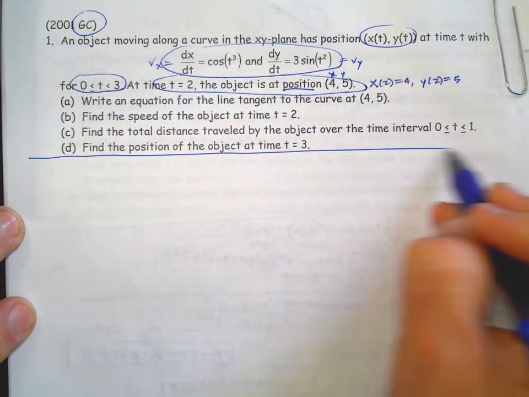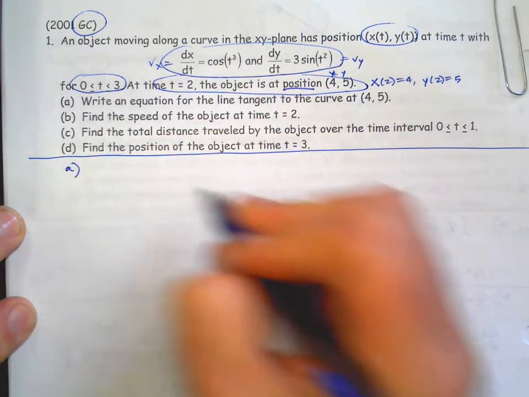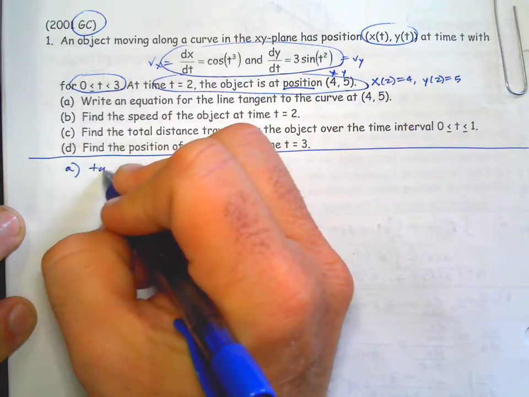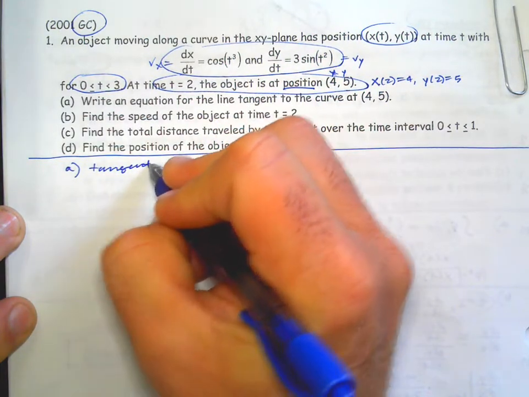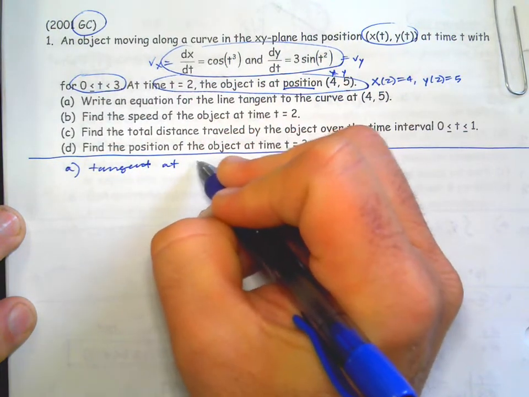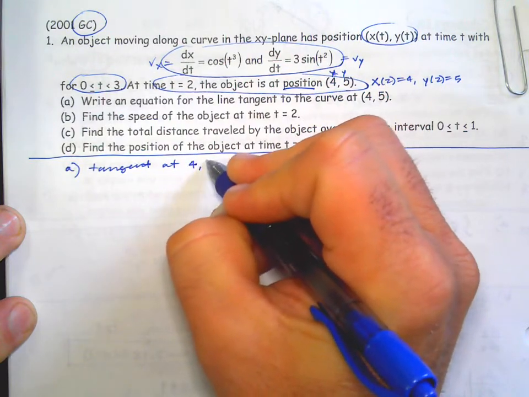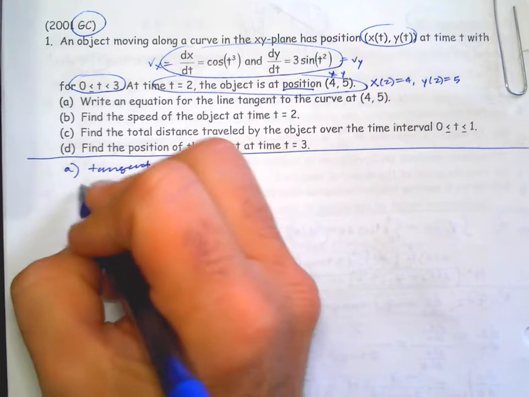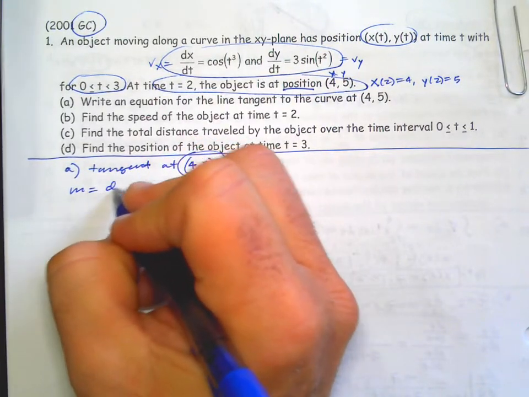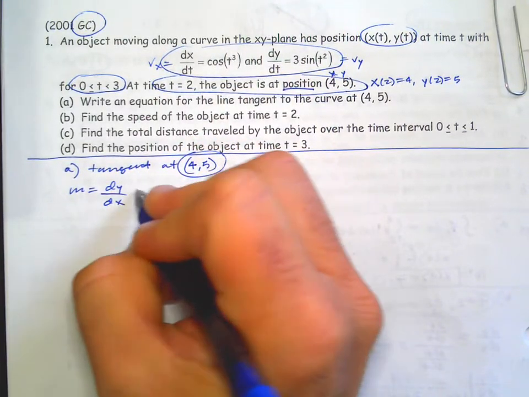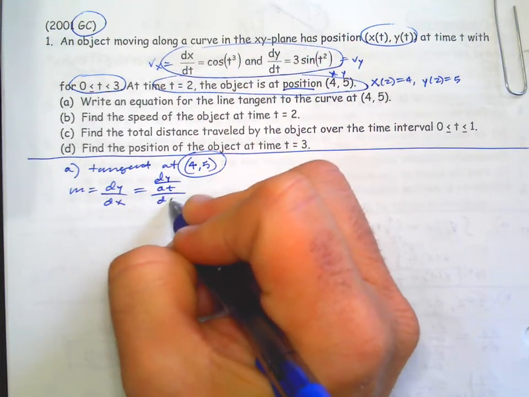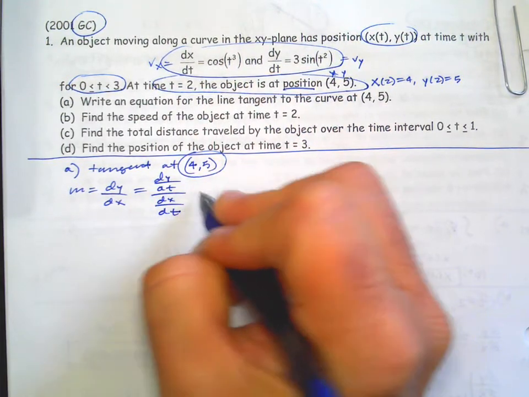Part A says write an equation for the tangent line of the curve at (4, 5). So we want the equation of the tangent line at (4, 5). Well, you have a point, right? Now you just need the slope, which is dy/dx, which is dy/dt over dx/dt, which they gave you.